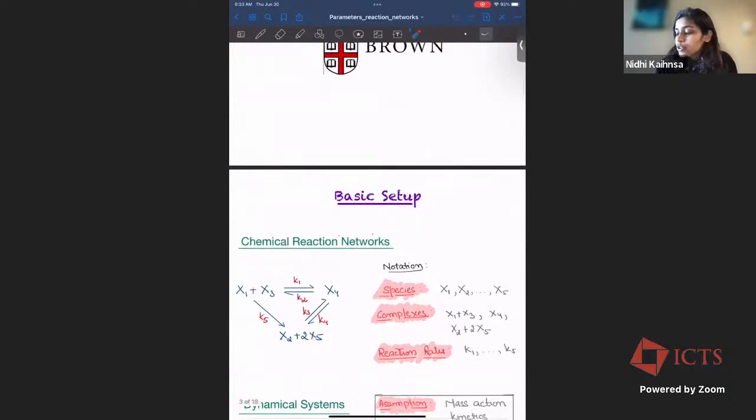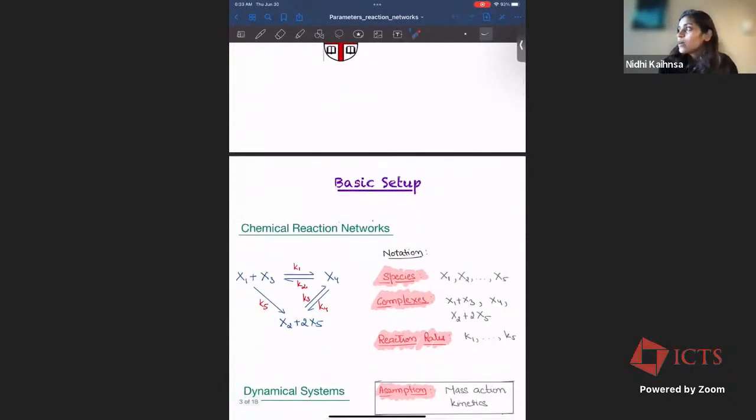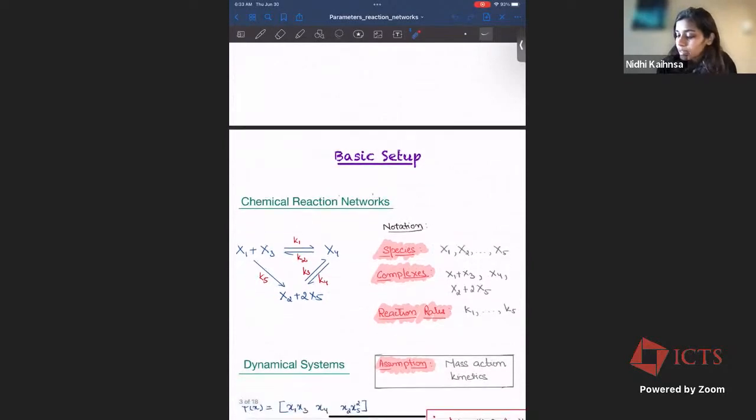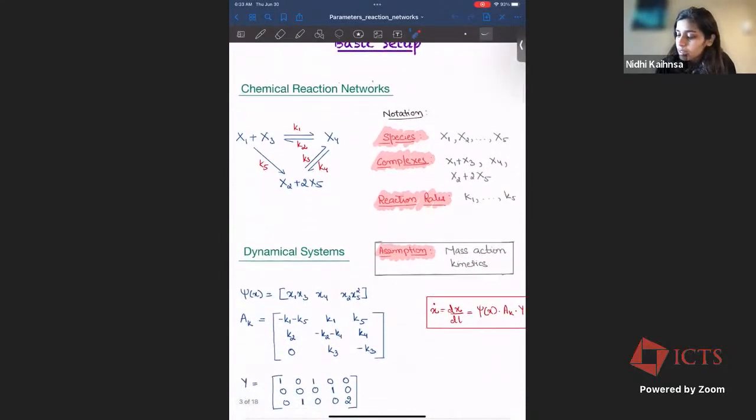Under the assumptions of mass action kinetics, with each such chemical reaction network, I can associate a dynamical system. How do I construct the dynamical system? It is basically the product of 3 matrices, Px, Ak, and Y. What are these matrices?